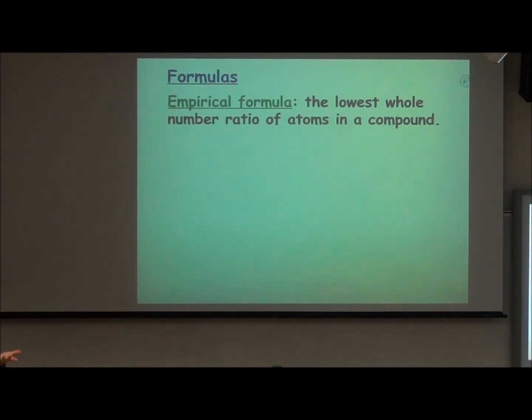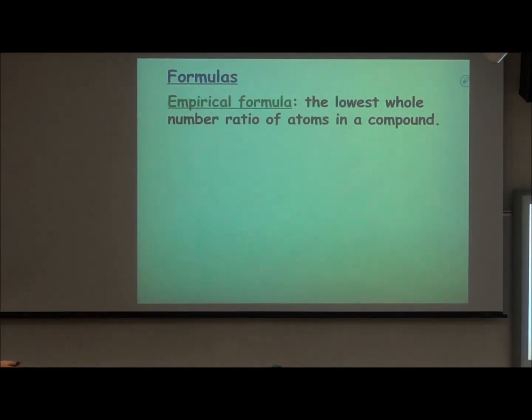So we know water, for example, is H2O. Hydrogen peroxide is H2O2. The empirical formula for water is going to be H2O because we can't reduce that down anymore. But hydrogen peroxide, there's two hydrogens and two oxygens. We could reduce that down. It's a 1-to-1 ratio. So the empirical formula for hydrogen peroxide would simply be HO.